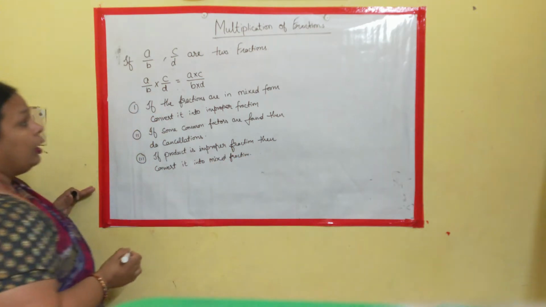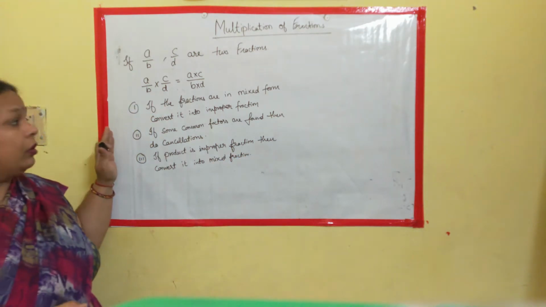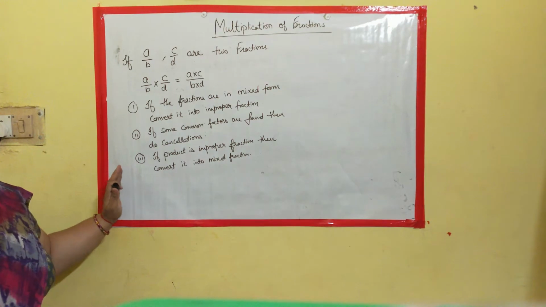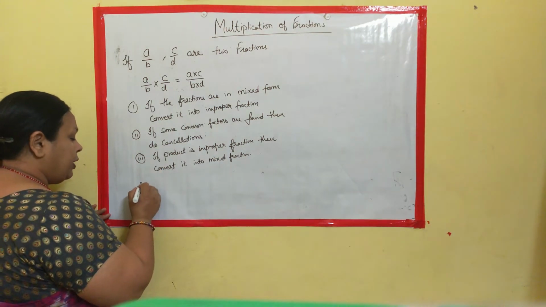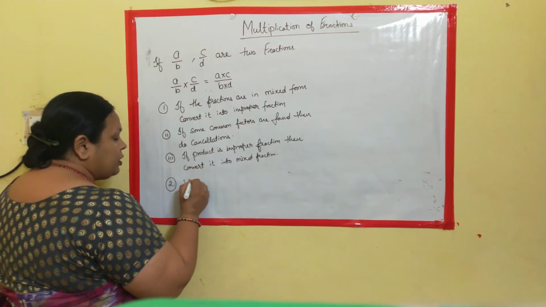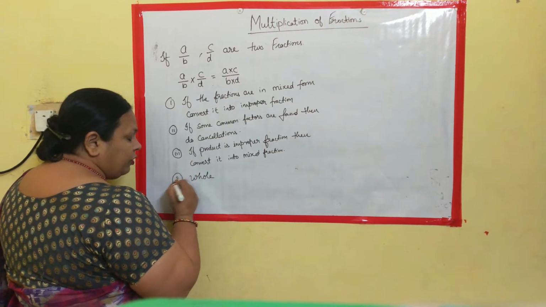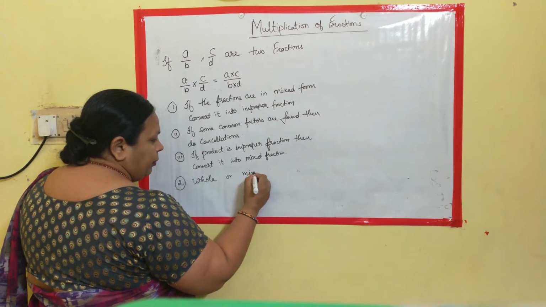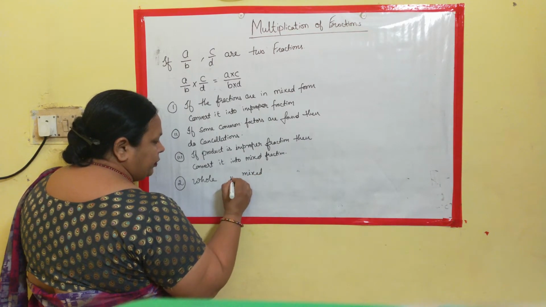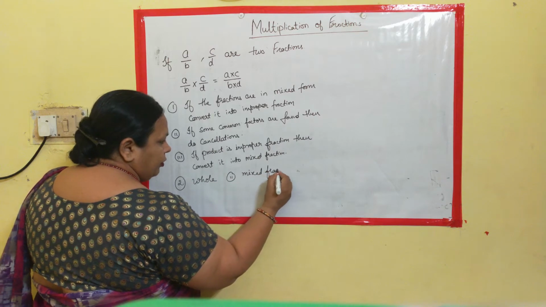Clear? Now, before going into this, we will also see that we can do two types of multiplication. The first one is where the fraction is multiplied by a whole number, or it could be a mixed number, mixed fraction. Clear?